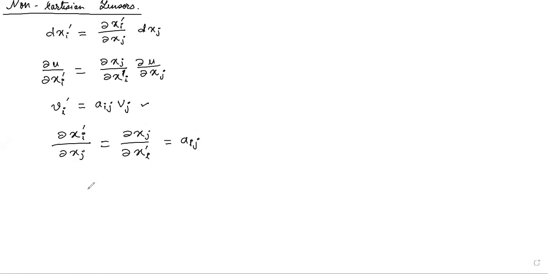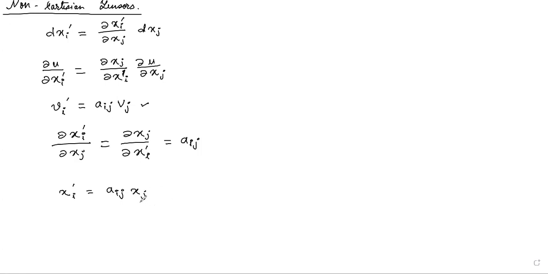Okay. We can also very easily see how this is achieved. Let us recall how a Cartesian vector transforms. If you remember, xi prime is equal to aij xj.